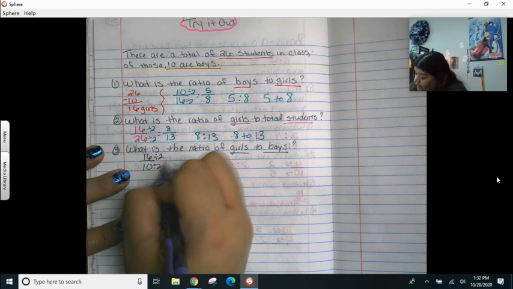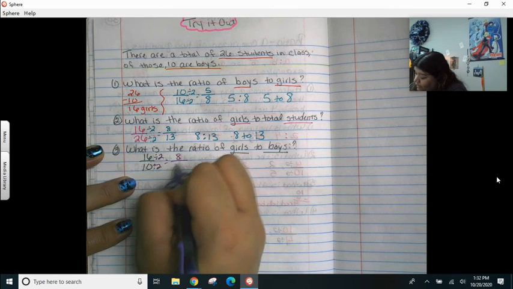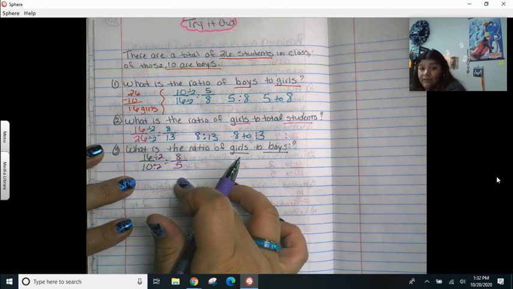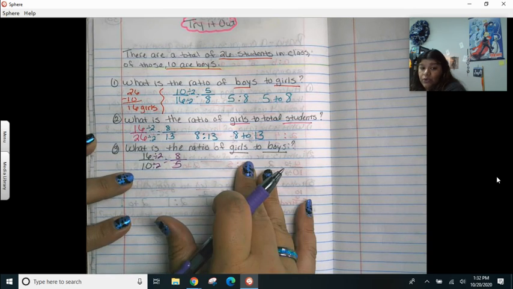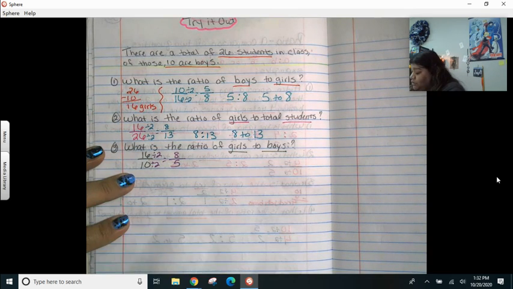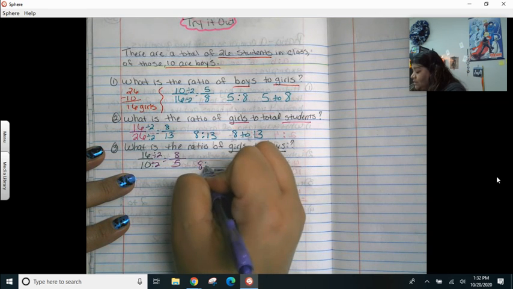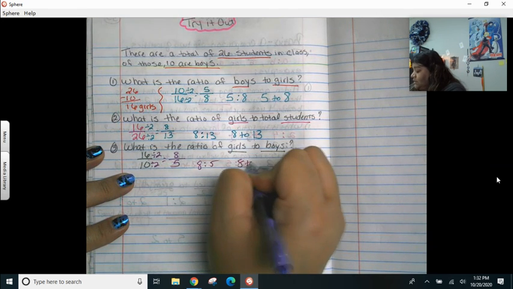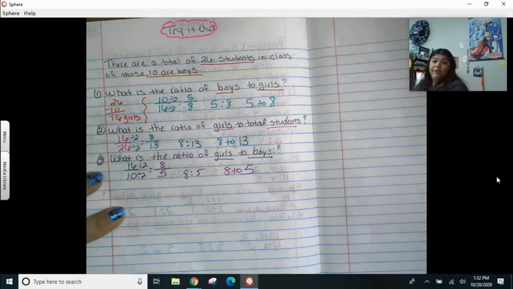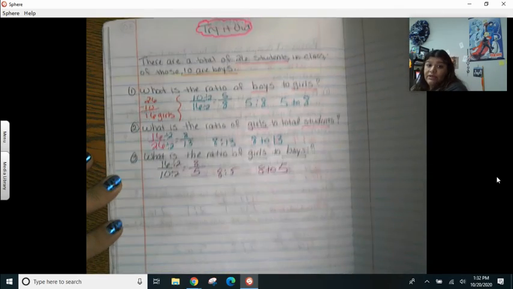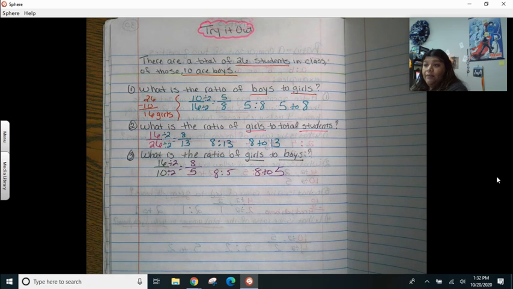Let's go ahead and simplify it. And now we have an 8 to 5, not a 5 to 8, because they changed the order on us. So that really matters. So make sure you read it carefully. So 8 to 5. Okay? So in the ratios, I can't stress enough that it really does matter the order they give it to you in. Okay? So make sure you have that completed.